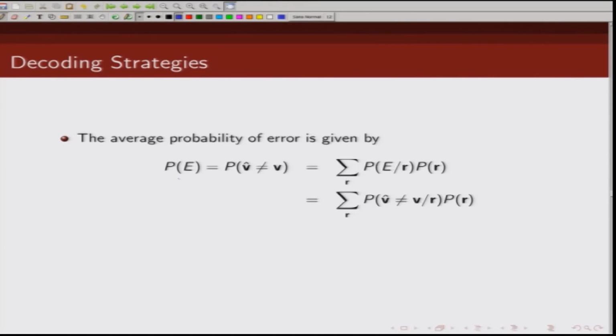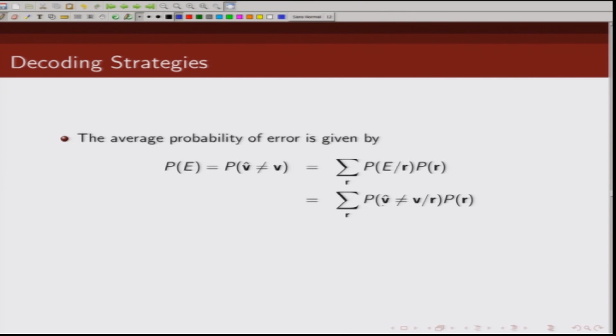Now, when does an error occur? When my decoded sequence is not the same as my transmitted sequence. So, my probability of error is given by the probability that my estimated sequence, which I denote by V hat, is not the same as V. This can be written as the probability of error given R, the receive sequence, multiplied by the probability of the receive sequence R, summed over all possible receive sequences.